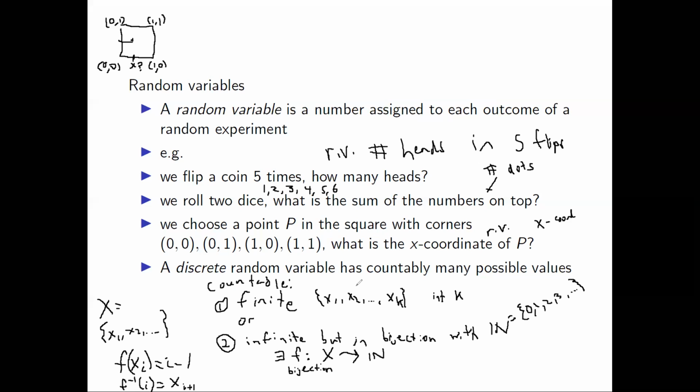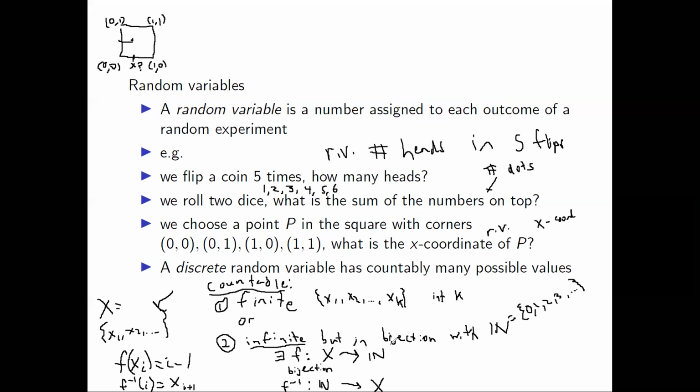And I'll let you check that those maps are inverses of each other. And f inverse goes from the natural numbers to X. And that's assuming that this list x1, x2, and so on is infinite. So if it is infinite, we say that it's countable if we have this bijection.